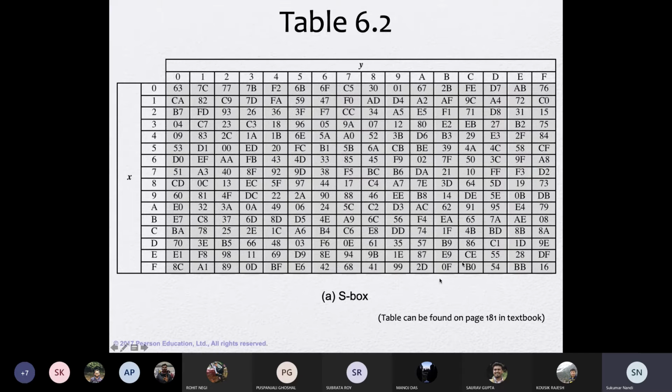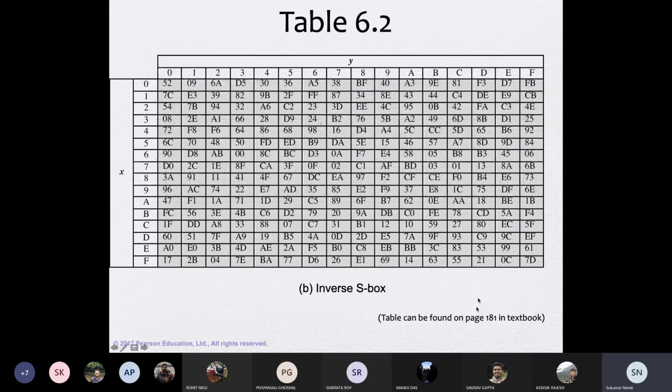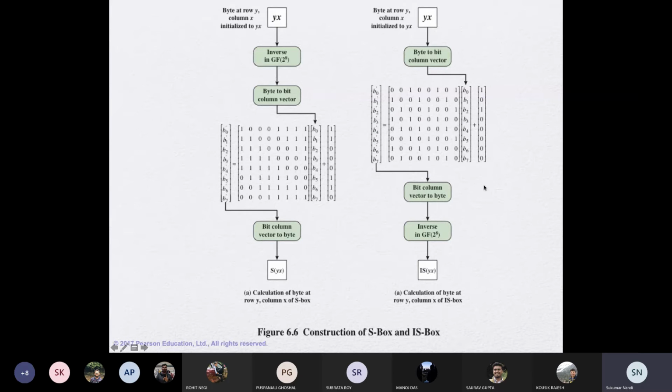The substitution table, you can easily find out the way it is created, that we discussed also. I am putting a little more mind here. If I have to substitute a byte yx, first, as per Rijndael, we have to find the inverse of yx.